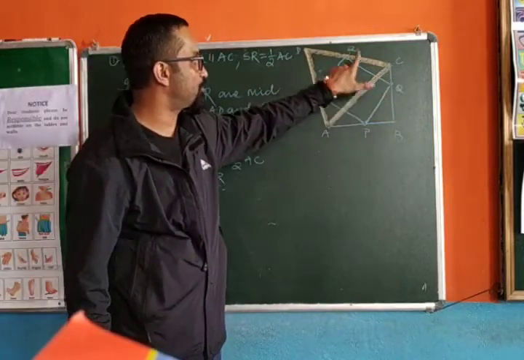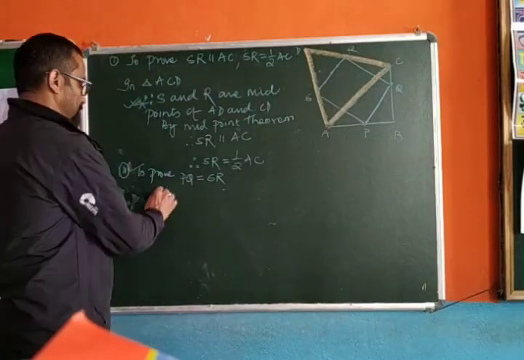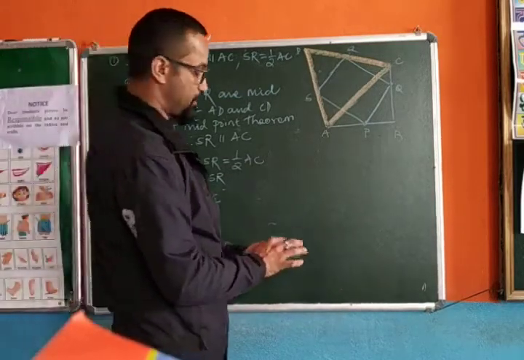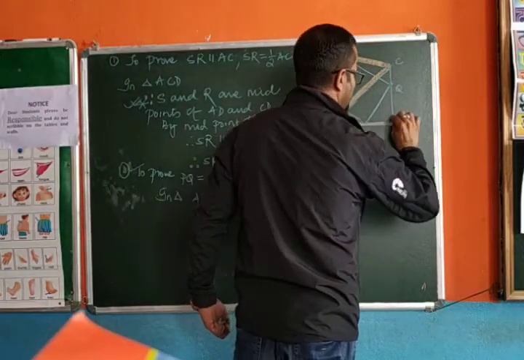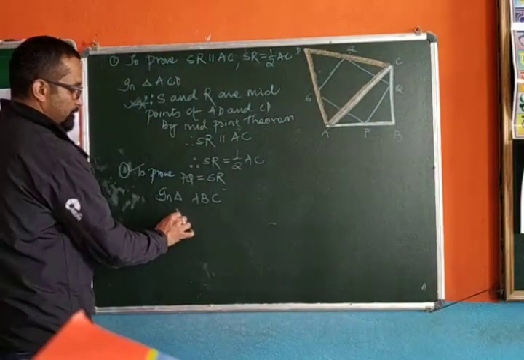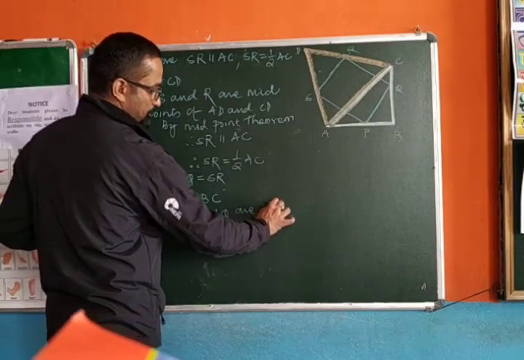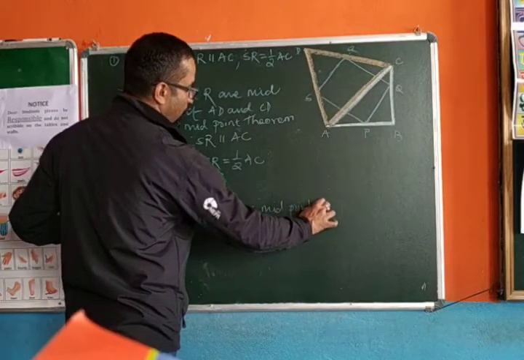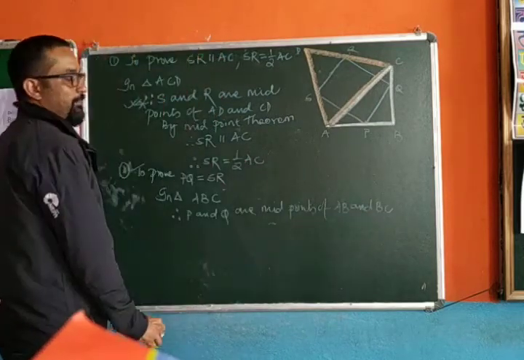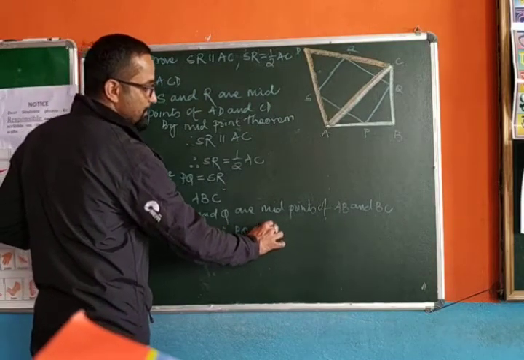This PQ is equal to SR. Look at this proving now. In triangle ABC, now we take this triangle A, B and C. Since P and Q are midpoints of AB and BC, therefore PQ is parallel to AC.